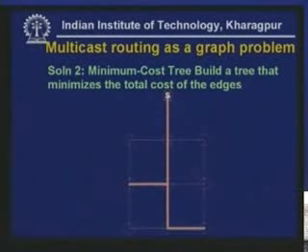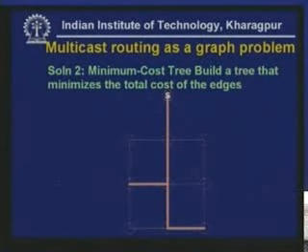Suppose you assume that all of them send packets equally frequently, in that case having a tree with the minimum total cost of edges would be the optimal solution. So this is a second kind of solution.